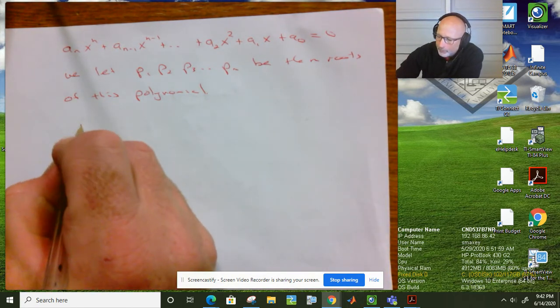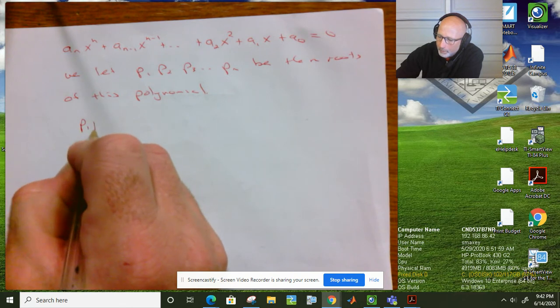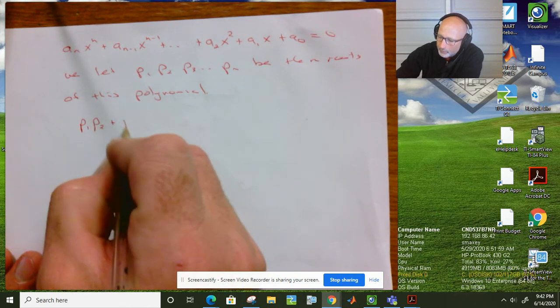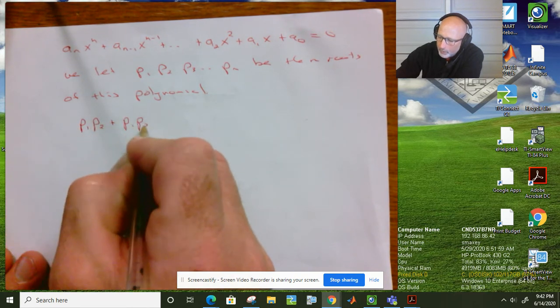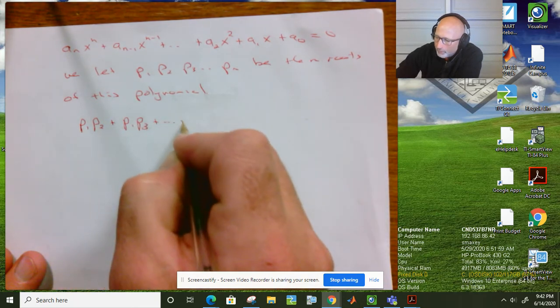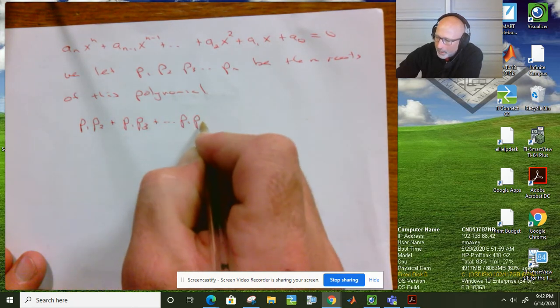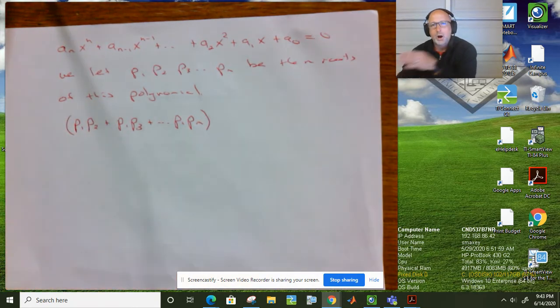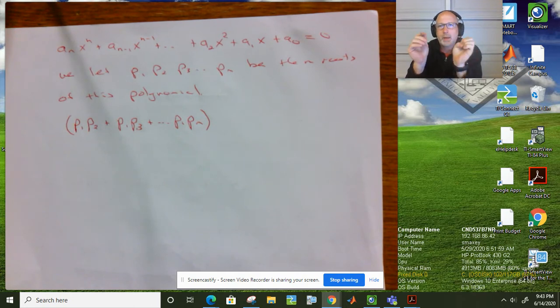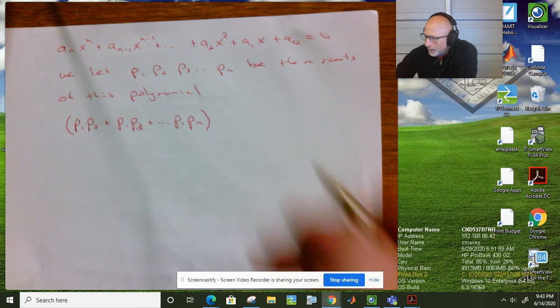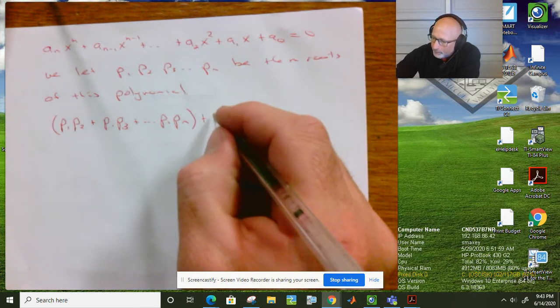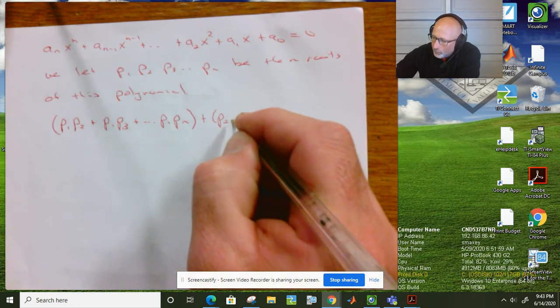That's if you have P1, P2 plus P1, P3 plus all the way up to P1, Pn. So in other words, I've taken all the P1s and multiplied them by all the other roots and added it together. Plus P2, P3.